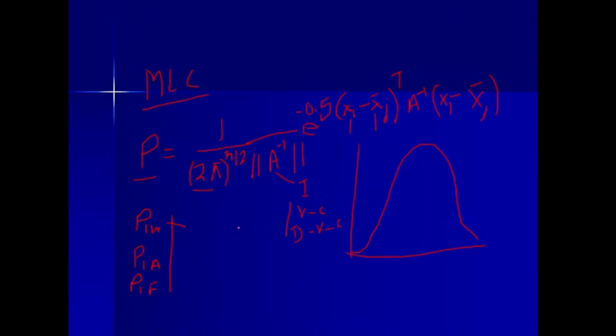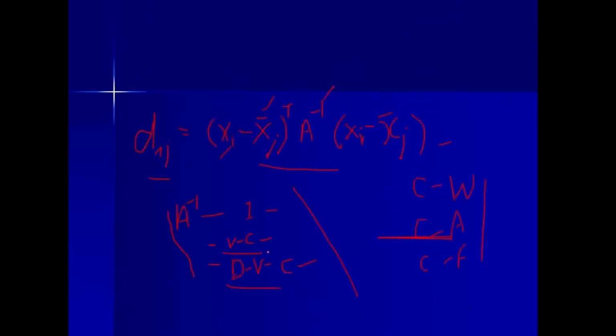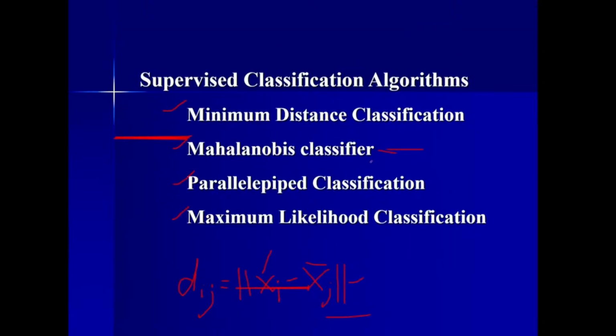But from a research point of view, you can apply all 3 norms of the weight matrix: the Euclidean norm, that is the unit matrix, the variance covariance matrix, or the diagonal variance covariance matrix. In the same way, for the Mahalanobis distance you can again have 3 norms, using the unit matrix, the variance covariance matrix, and the diagonal variance covariance matrix.